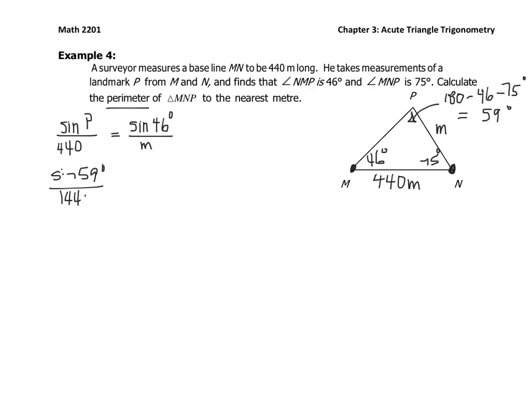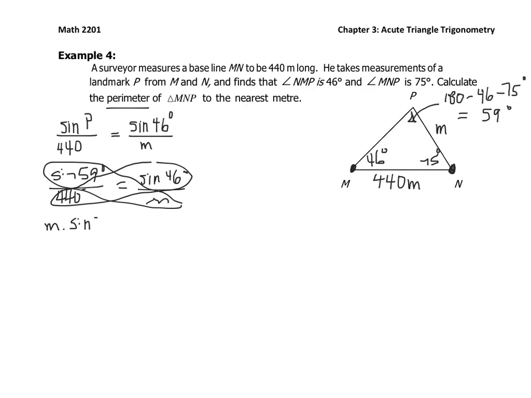So we've got sine 59 degrees over 440. Oops, no, I don't know where I got 1440 from. Over 440 equals sine of 46 over M, and then we cross multiply and get M sine 59 equals 440 sine of 46.